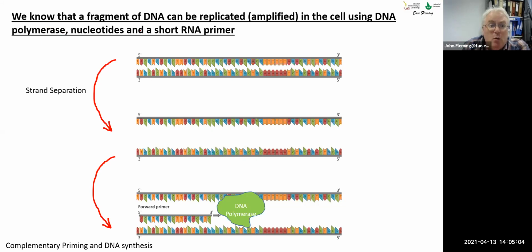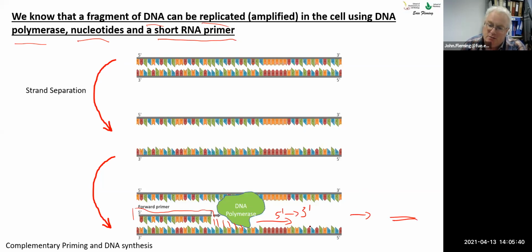in the genome, we know that a fragment of DNA can be replicated using the enzyme DNA polymerase, using individual nucleotides, and a short primer. Okay, so what happens now in terms of what happens in our cells is that there's a short primer. And going in a 5' to 3' direction, the DNA polymerase adds 1 nucleotide at a time in order to create a double-stranded DNA.